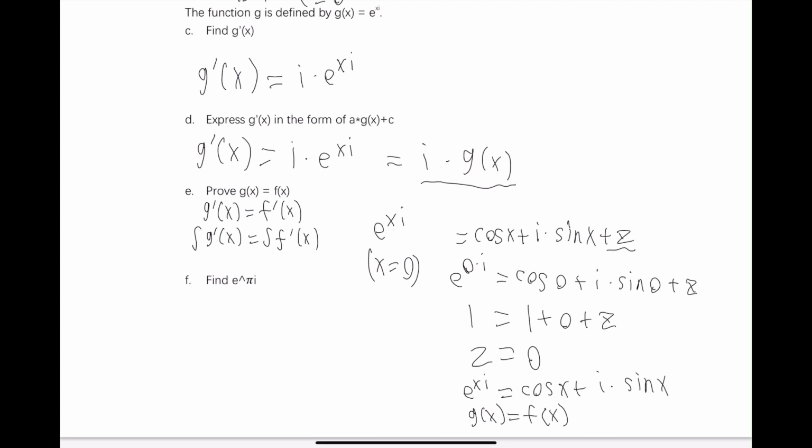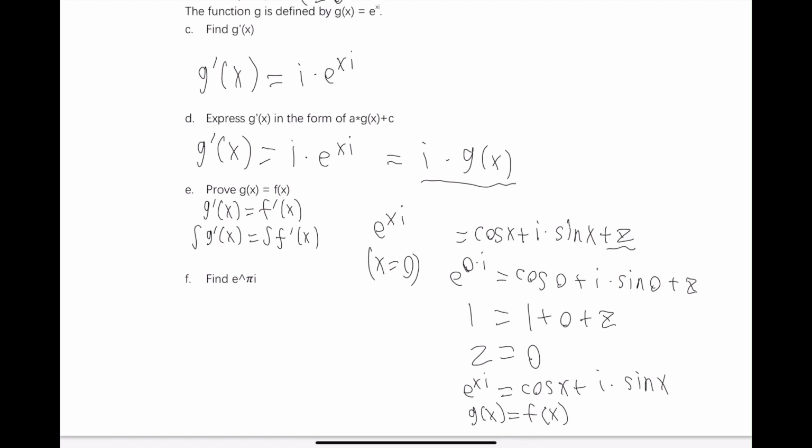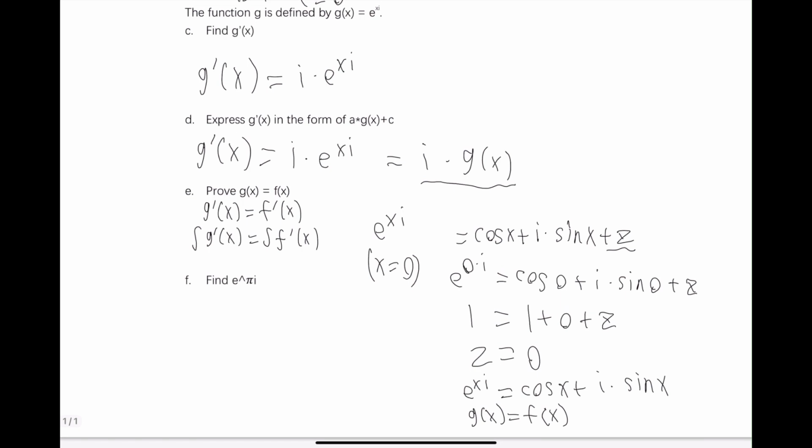Here is e to the power of pi i. We have to find that. Here we got e to the power of xi, so we just turn that x to pi. As we have known here, e to the power of pi i equals cosine pi plus i times sine pi, and plus z, as z equals 0, we don't add anything.